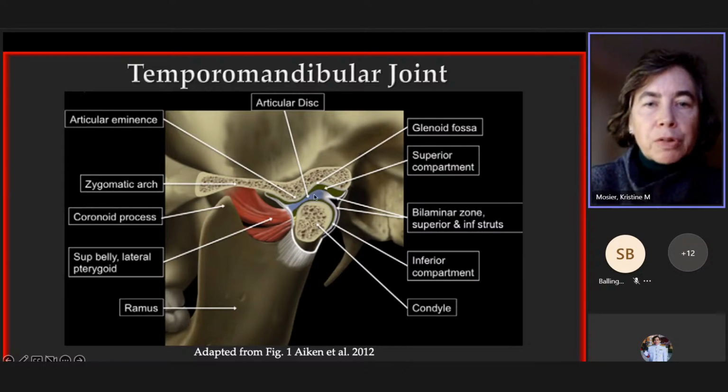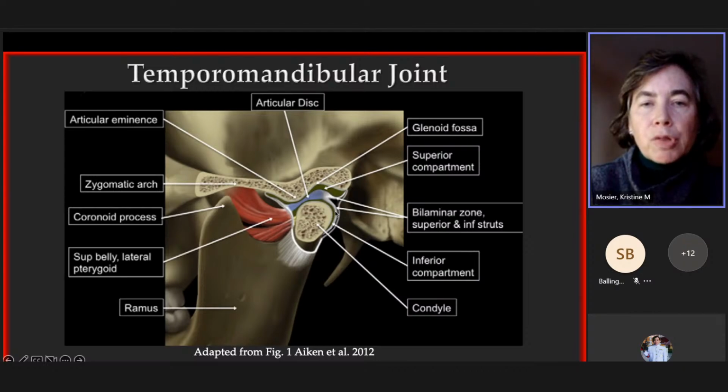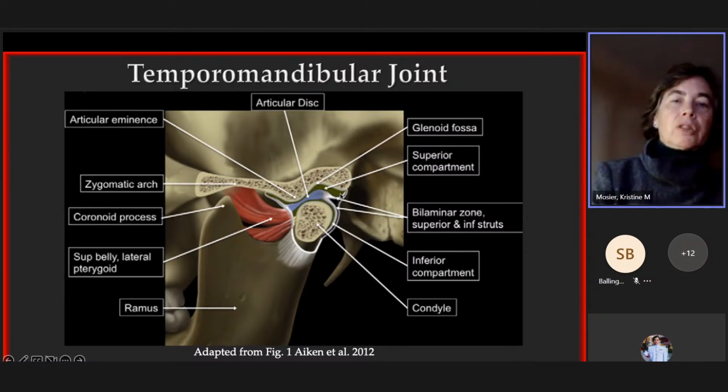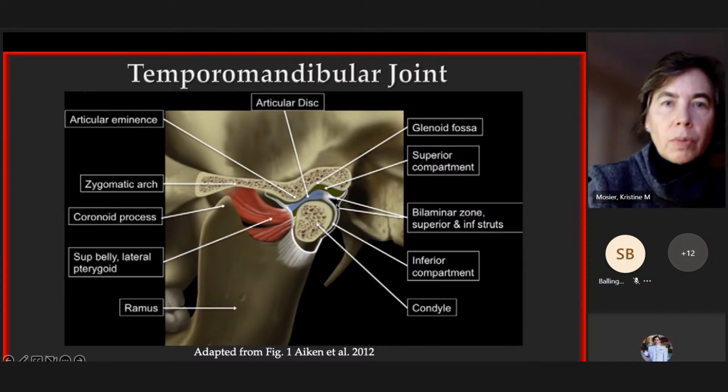And within this, the articular disc that we see has this bow tie shaped appearance that Dr. Matthews very nicely showed earlier: our smaller anterior band, the intermediate zone, and the posterior band. This is attached posteriorly to what we call the bilaminar zone, which again contains the vascular innervation that Dr. Matthews very nicely showed us on his arthroscopic views earlier.